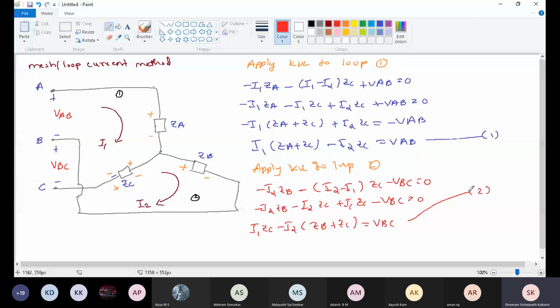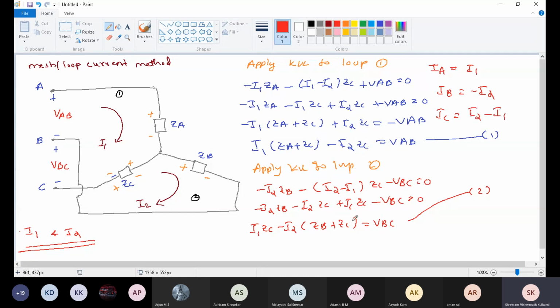Now if I solve equations 1 and 2, I'll get I1 and I2. After simplifying these two equations, directly I'll write here: Ia is equal to I1, then Ib is equal to minus I2, then Ic is equal to I2 minus I1.